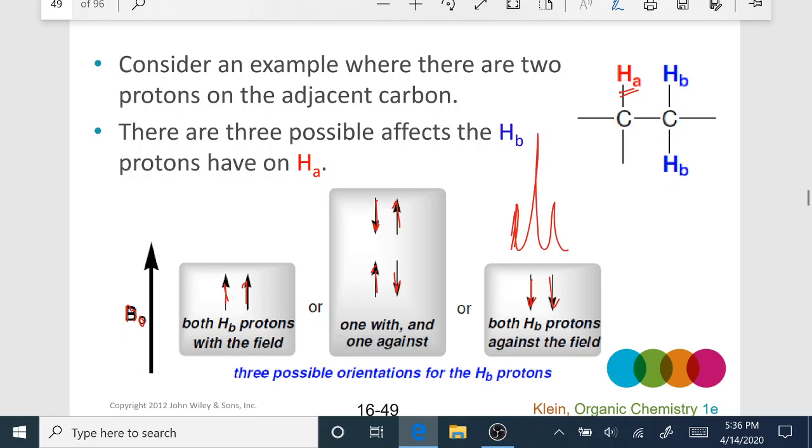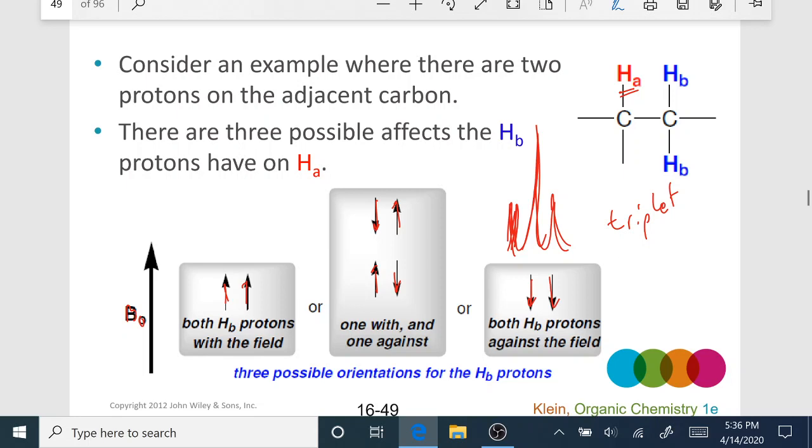It turns out, because we have this possibility, both with, both against, or 1 with and 1 against in 2 different possibilities, statistically we're going to have a 1:2:1 ratio for HA. So HA, because it has 2 neighbors, is a triplet. So we're getting to a little rule here.